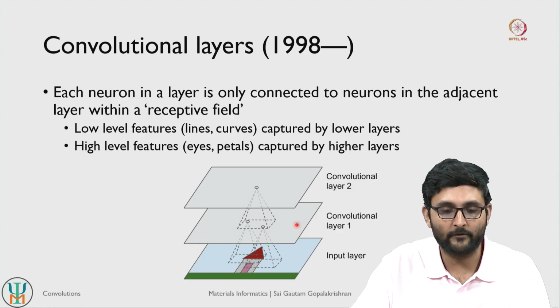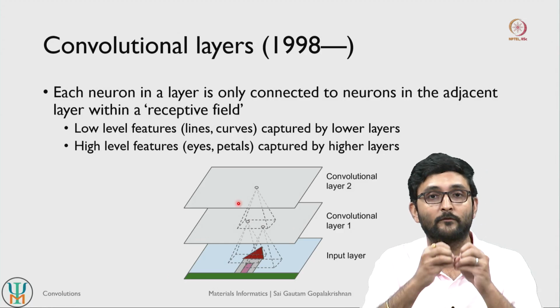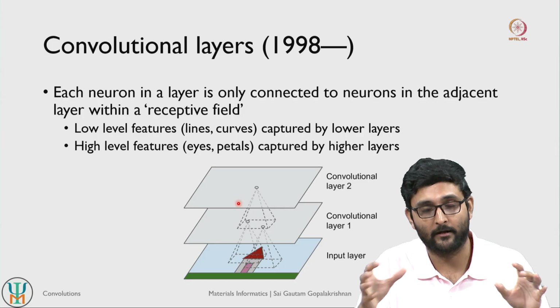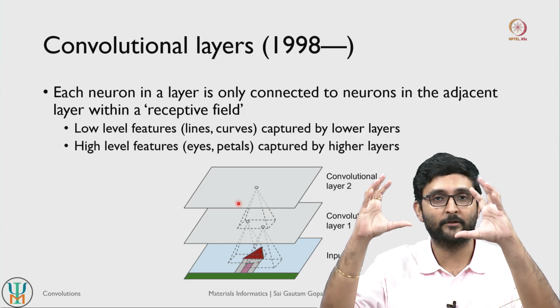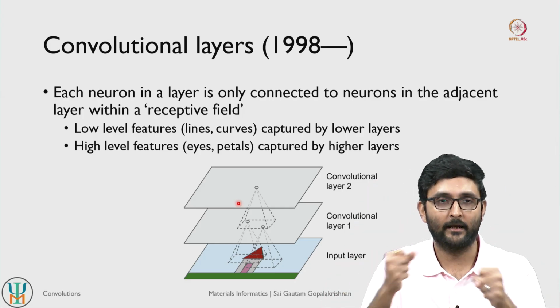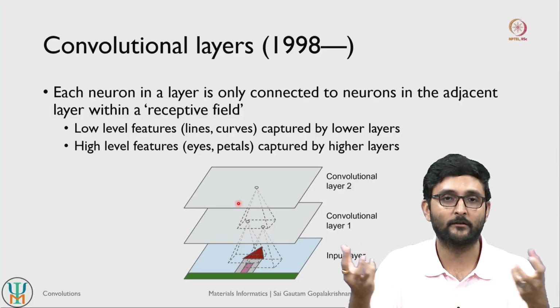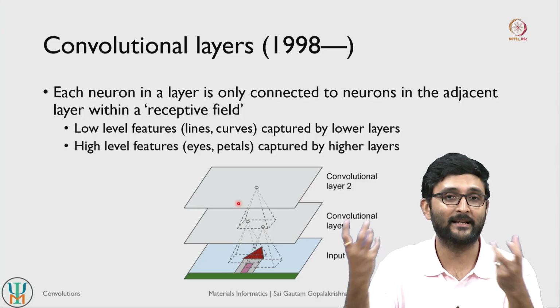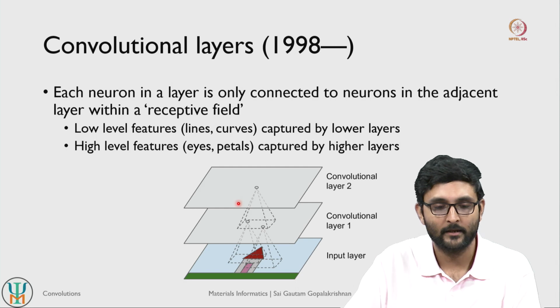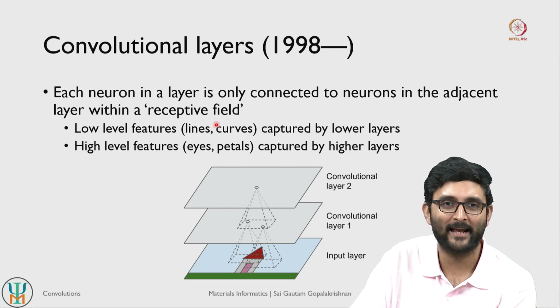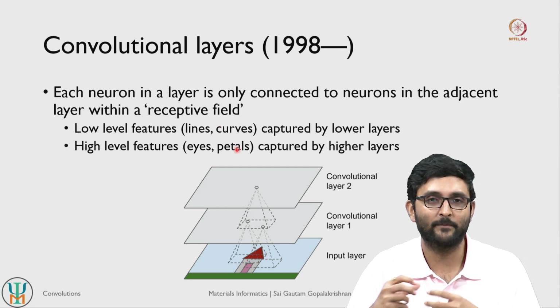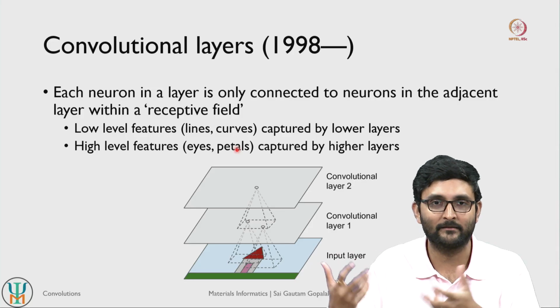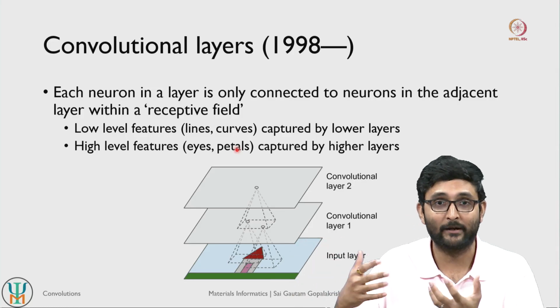So the objective of the lower layers is to decompose the image into components as small as possible, and the objective of the higher layers is to capture more and more complicated features, put configurations together and create maybe shapes. You can think of lower level features being lines, curves and so on, and upper level features being shapes in an object, such as eyes, petals, mouth, triangles, squares and so on.